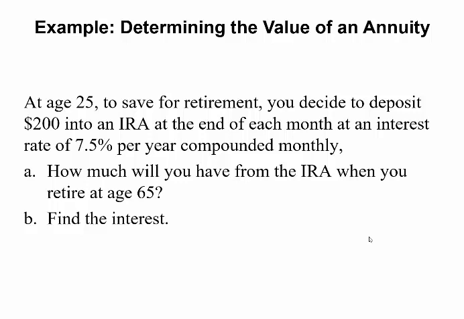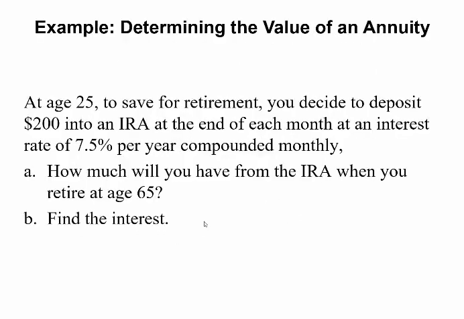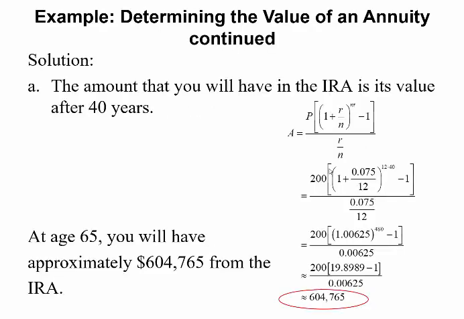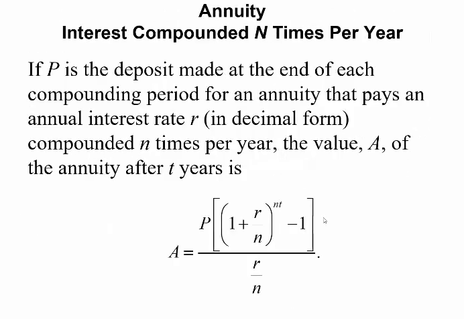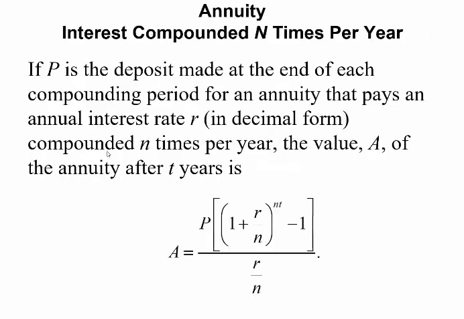And let's find the interest. Okay, so here's the thing. Principal, P, is the $200 you're going to deposit. The rate is 7.5%. The number of times you're going to compound it per year, well, you're going to do it monthly, so that's 12.